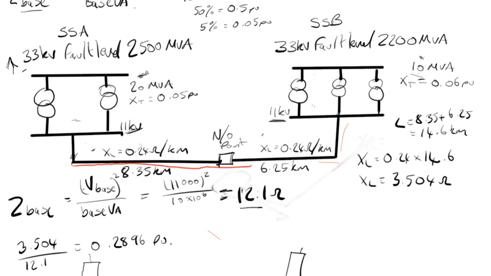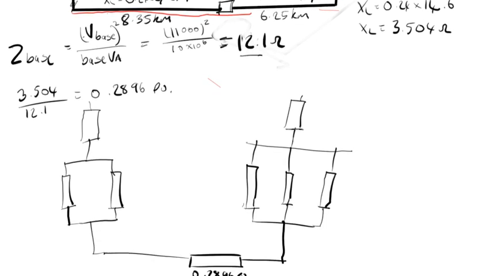So on our 10 MVA system, it's basically 1 times 10 over 2500, and that'll give us 0.004 pu. So if it's 1 pu on a 2500 MVA system, that means it's 0.004 pu on a 10 MVA system.